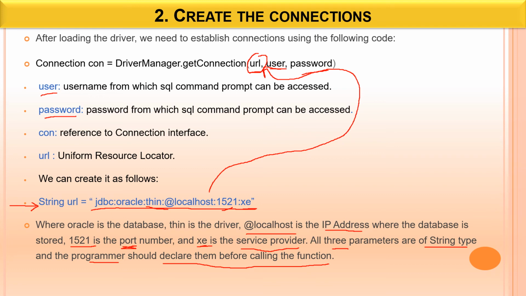The con is written here, which will refer to the Connection interface. The URL, the uniform resource locator, is some sort of a website address, so we have to place it in double quotation marks. Everything inside the double quotation marks is explained here.